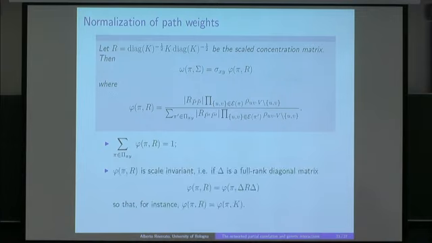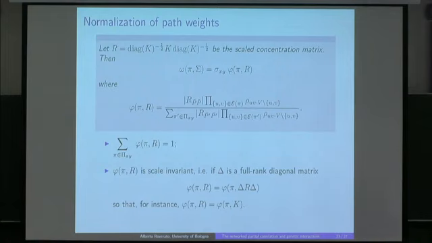And then it is scale invariant. It is scale invariant in the sense that we can replace R by delta R, where delta is the diagonal matrix, and we obtain the same quantity. So in fact, instead of R, we could put K, and it would be the same.